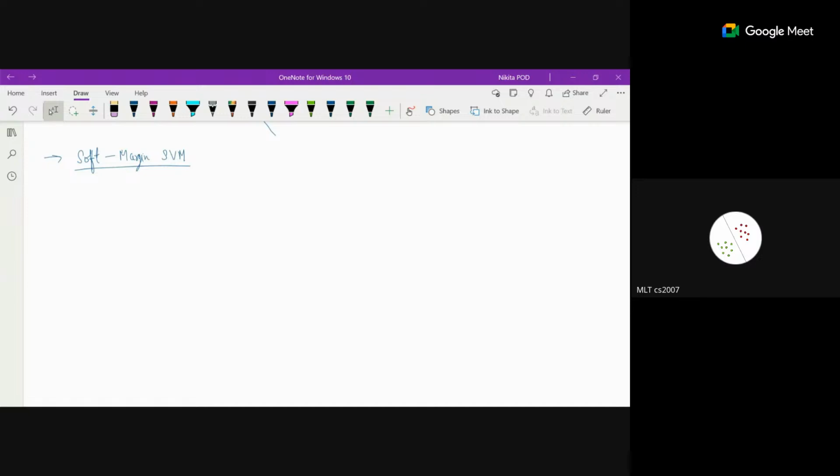So if you take any W, since we are not restricting our W, I mean, we're not saying that we'll take only that W which linearly separates my data set. Now we are saying we can take any W, right?